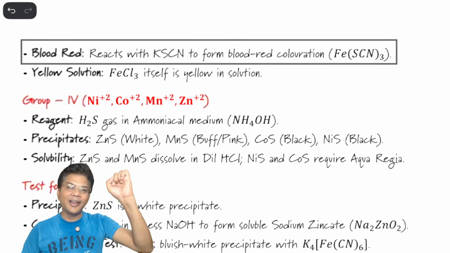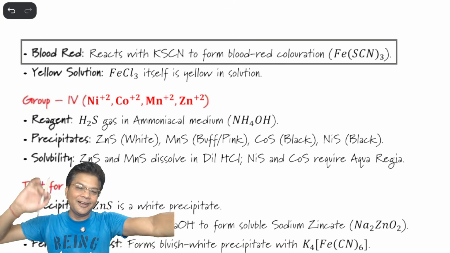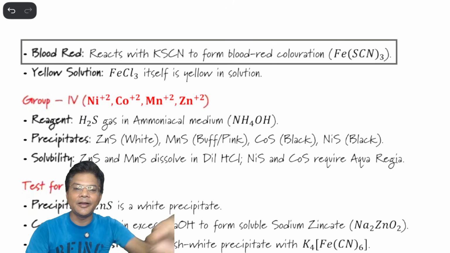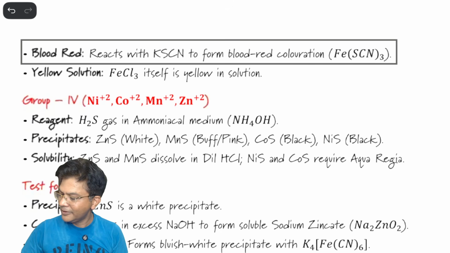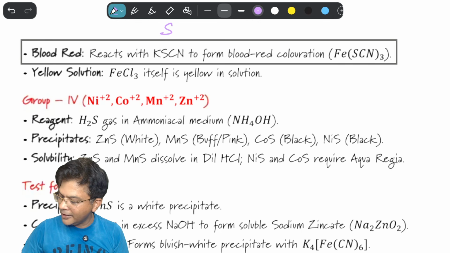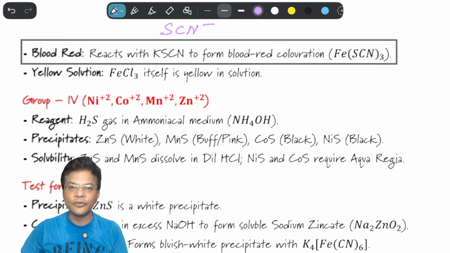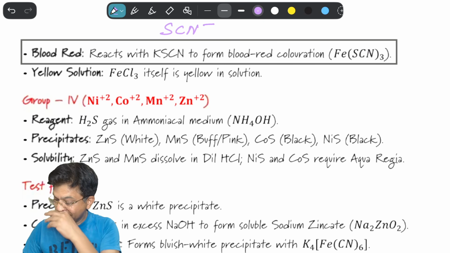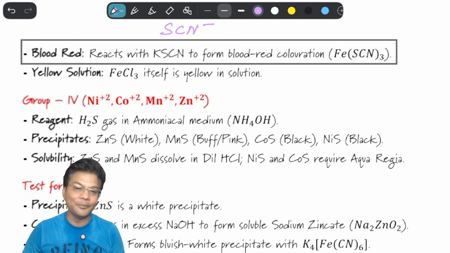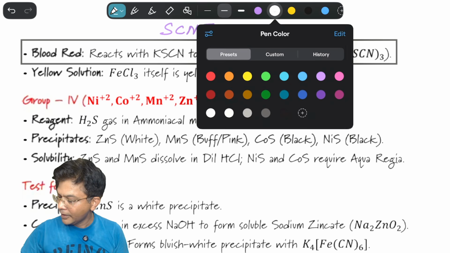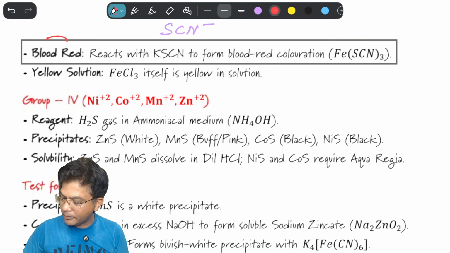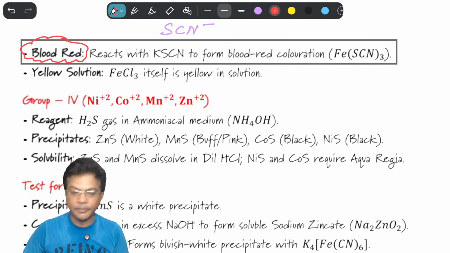So you will get iron thiocyanate, Fe(SCN)3, because iron was +3 and thiocyanate is -1, SCN negative. Its color is blood red. I was thinking my team had forgotten, but no, they still remember it's blood red color.